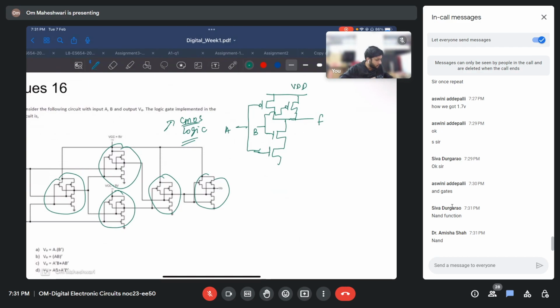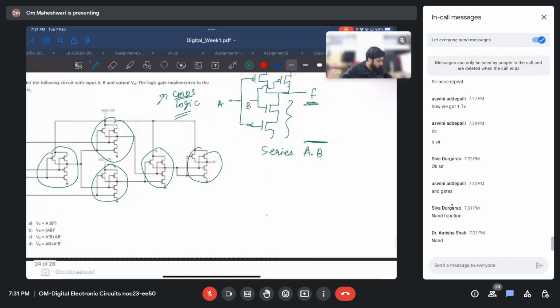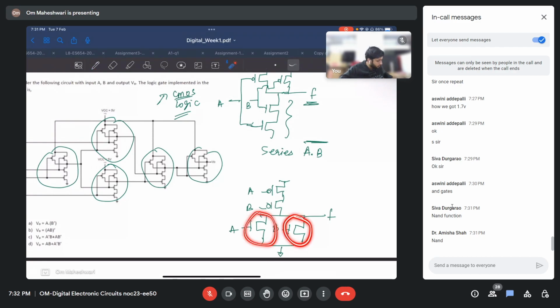You can just see this: just look at the NMOS side. When transistors are in series, just multiply A dot B, and it will always give you an inverted function, that is NAND. If it was something like this, A, B, F, when these transistors are in parallel, we do A plus B, and CMOS circuits always give inverted, that is (A plus B) bar.